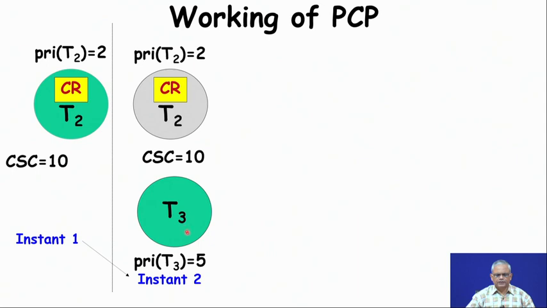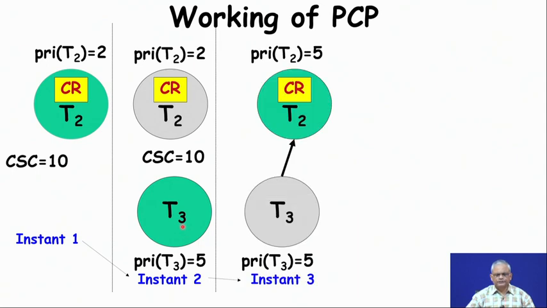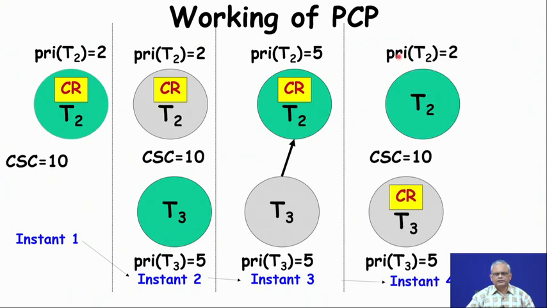Let us say a priority 5 task T3 executes, and after some time it requests T2, and in that case the inheritance clause will apply, and the priority of T2 will become 5. As soon as it releases the resource, the release clause will apply, and it gets back its older priority of 2, and the current system ceiling is still 10, because T3 is using CR.